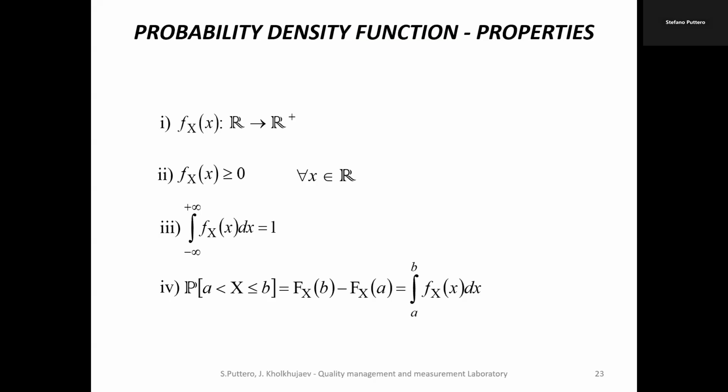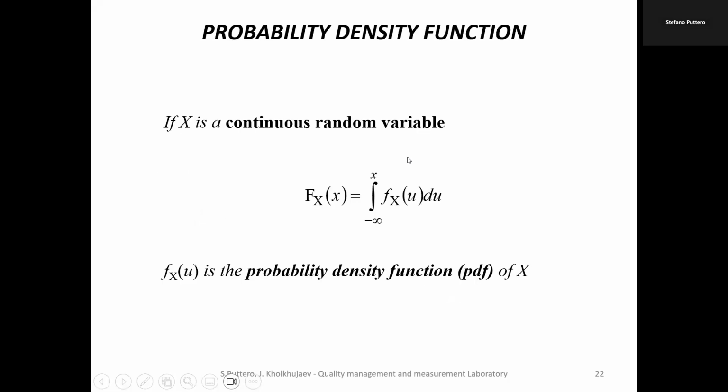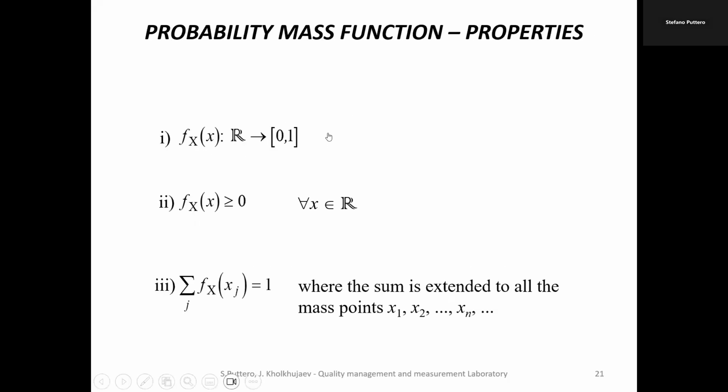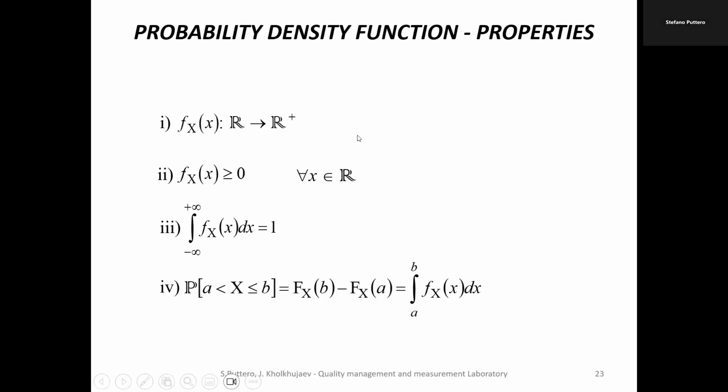Before, in the case of discrete random variables, the codomain was 0 to 1. Now it is the set of positive real numbers.